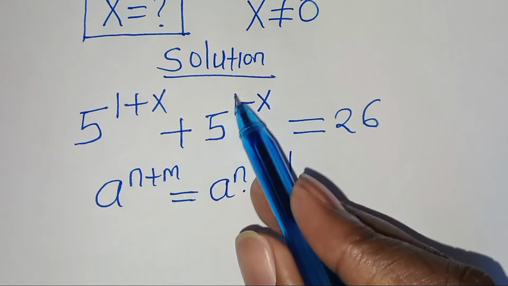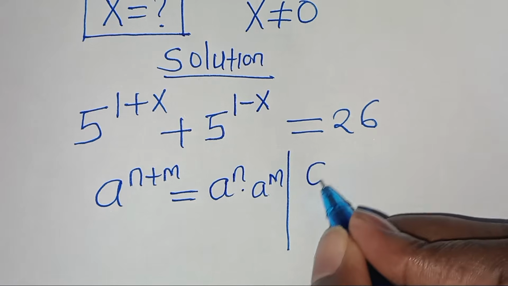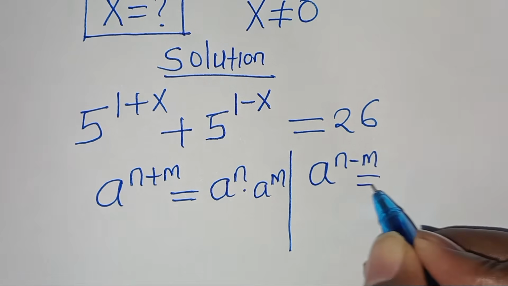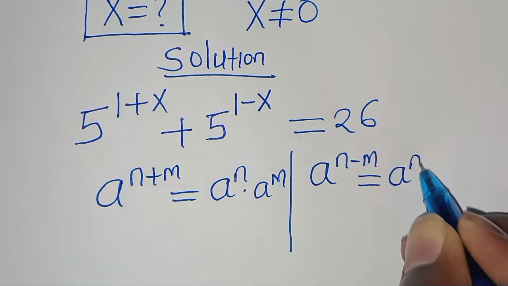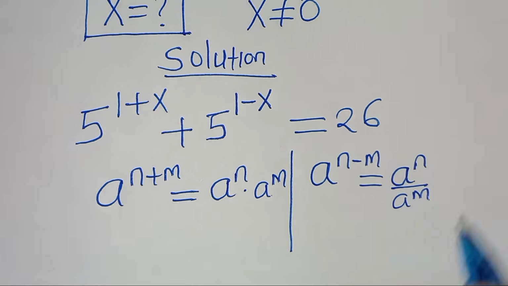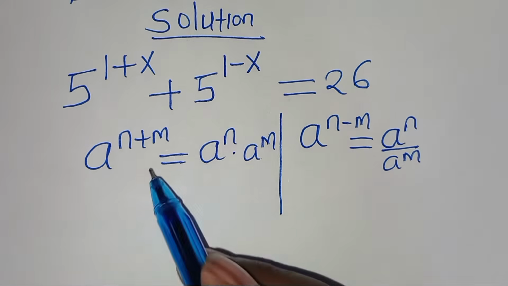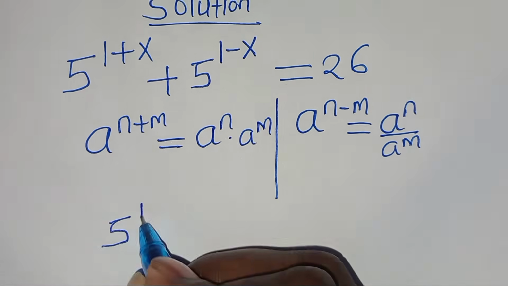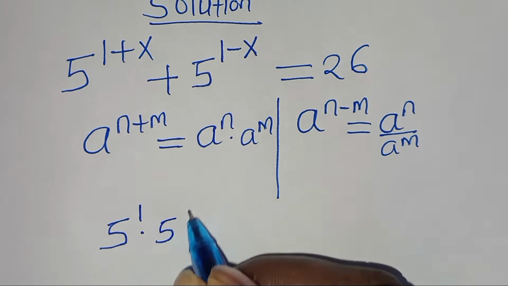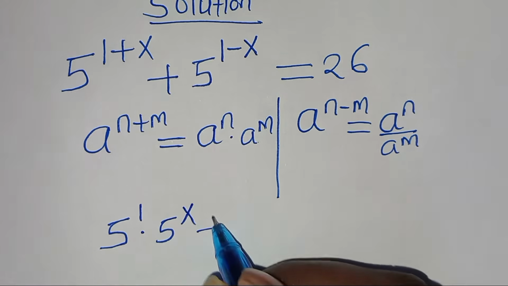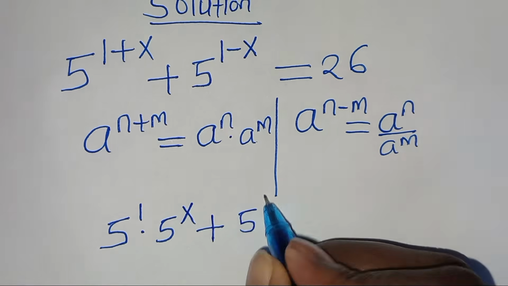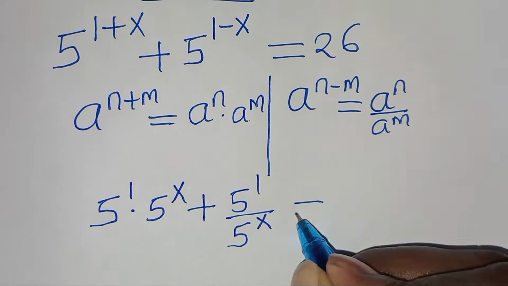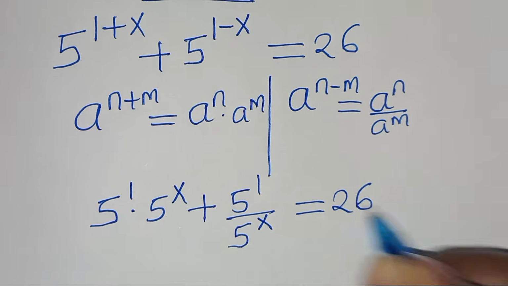Now, 5 to the power of 1 minus x is in the form of a to the power of n minus m, and this can be expressed as a to the power of n over a to the power of m. Applying these two exponent properties, here we have 5 to the power of 1 times 5 to the power of x, plus 5 to the power of 1 divided by 5 to the power of x. This is equal to 26.